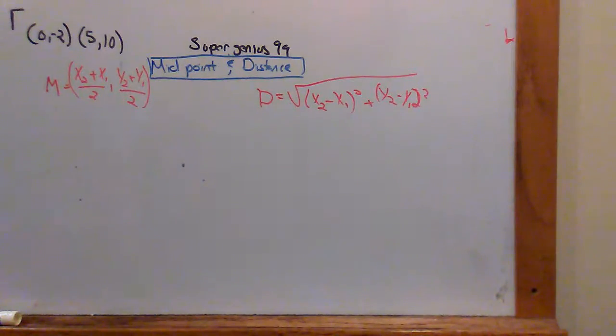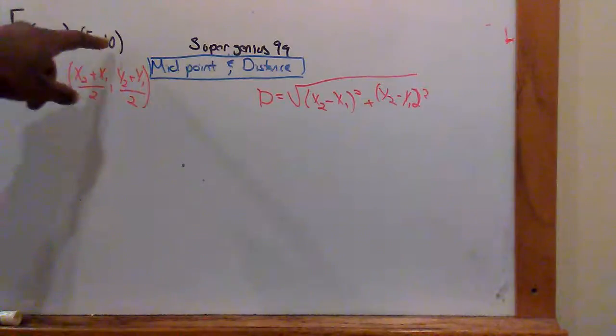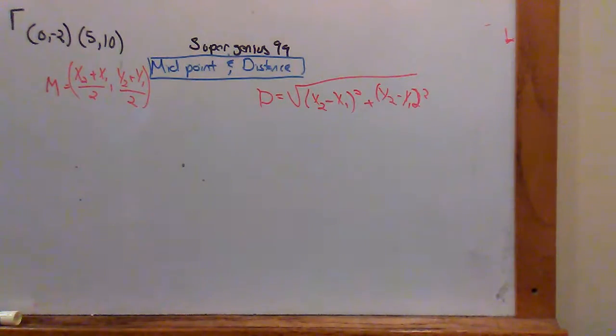Okay, we got another one up here. So we're going to do the same thing with the points (0, -2) and (5, 10), okay? So those are two points. Let's find the midpoint. So in words, what is the midpoint? You sum the x's divided by 2, sum the y's divided by 2. So when you sum two numbers divided by 2, you're getting the average.